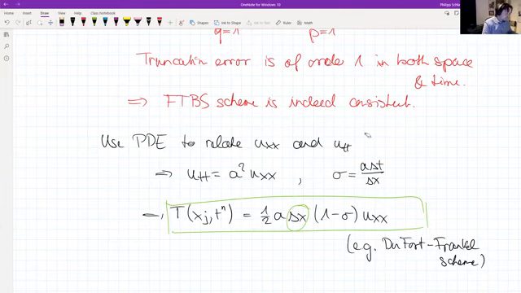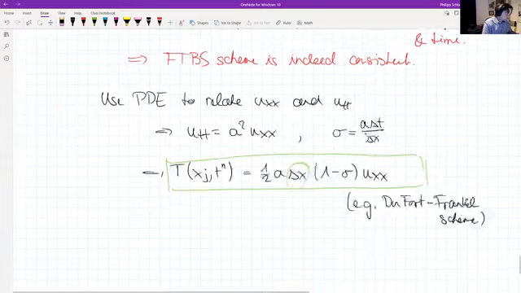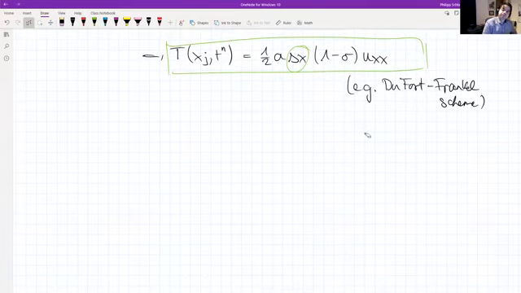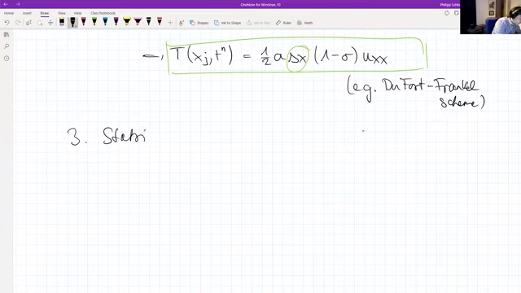Okay, then let's go on and now go to probably the most relevant concept, and that is the concept of stability. And of course, this is something you all have heard of. When doing simulations or CFD, your code blows up or your simulation blows up.